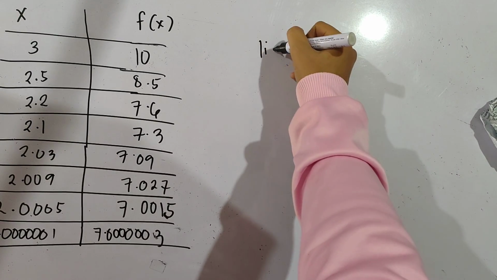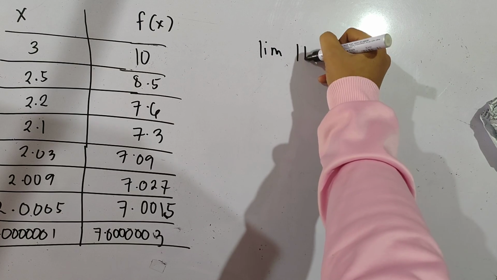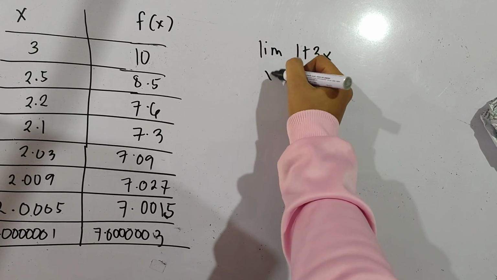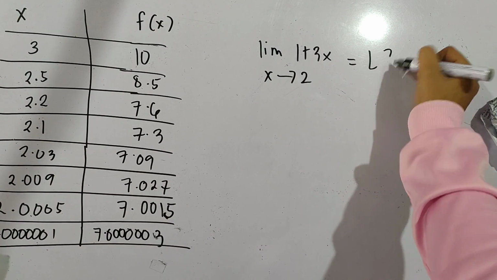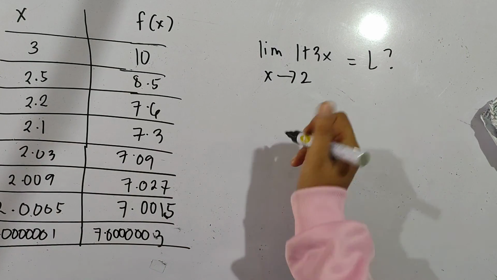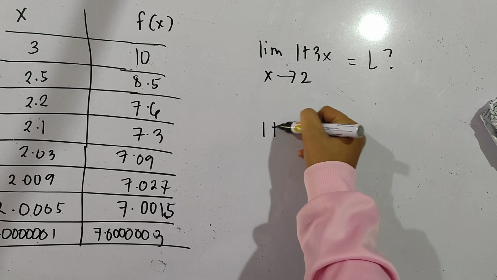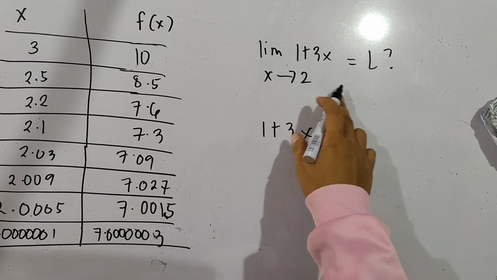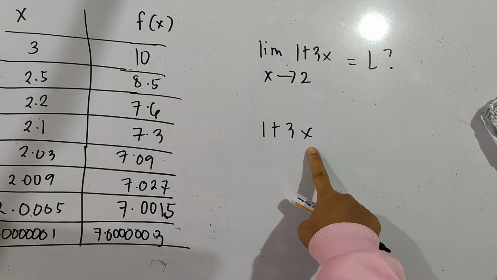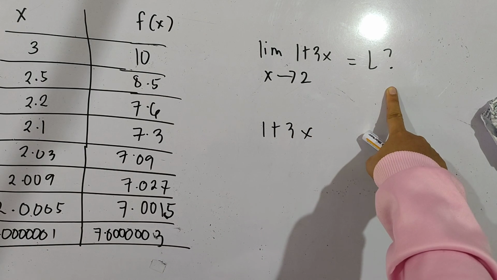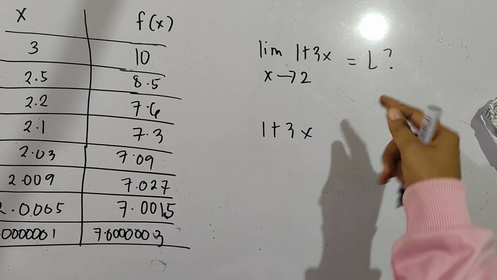Diba, limit of 1 plus 3x as x approaches 2. So our limit here is unknown. Then, si 1 plus 3x, ato lang siya substitutan by 2 ang x to find the value of our L.